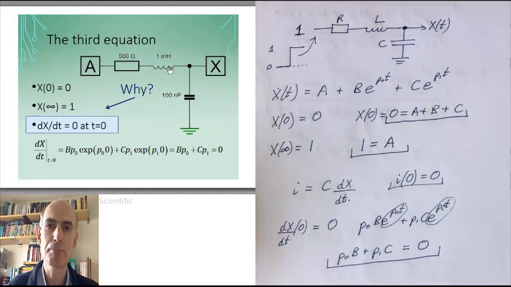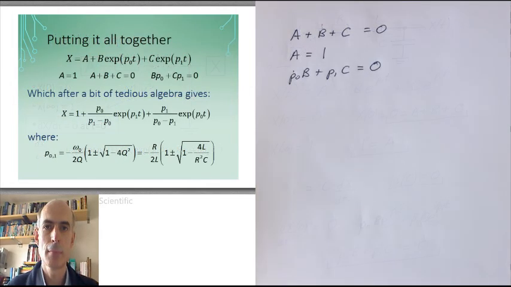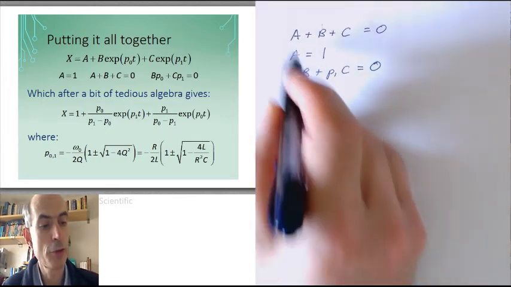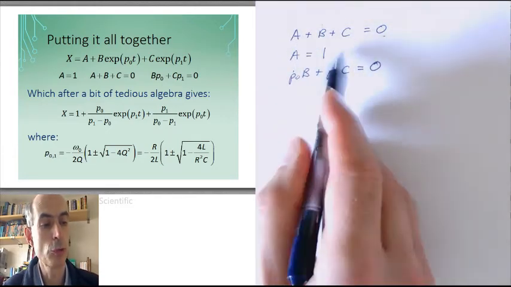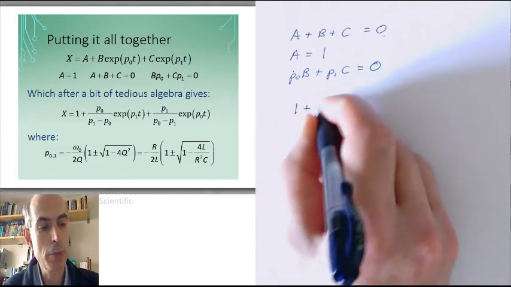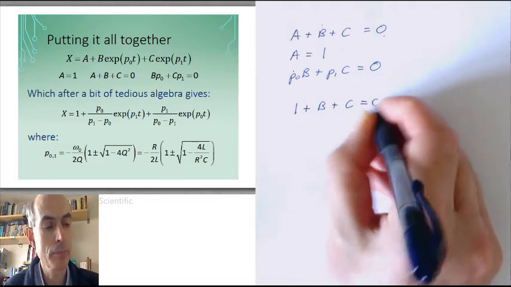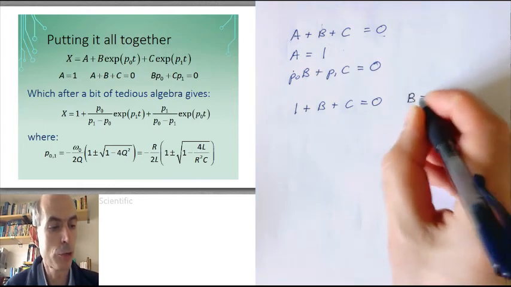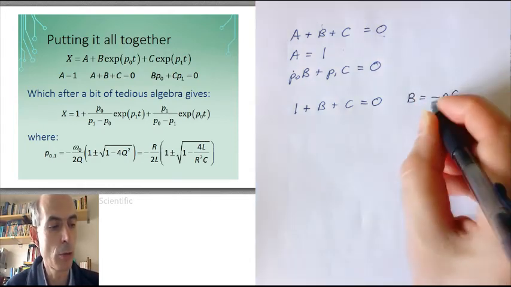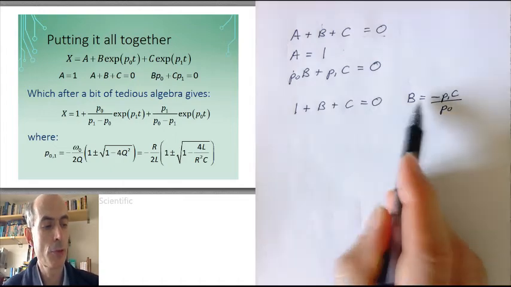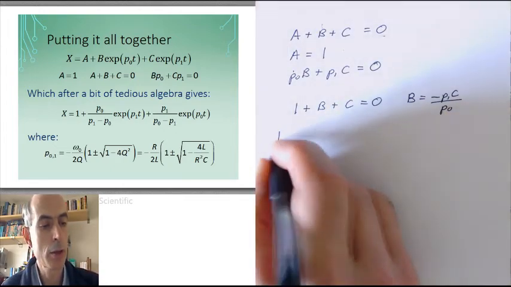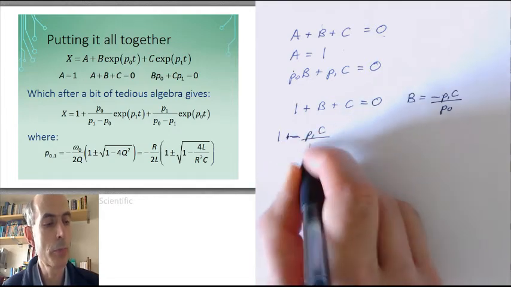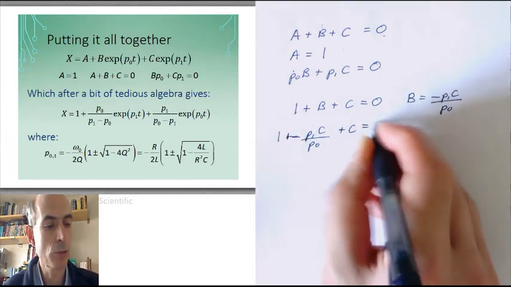I can solve that. It's not too hard a derivation to do. I'll just take this equation here, substitute in a equals 1. I'll get 1 plus b plus c equals 0. From this equation here, I can get that b is equal to minus p1 c over p0. Substitute this into here, I'll get 1 minus p1 c over p0 plus c equals 0.